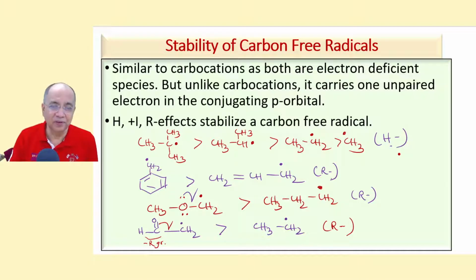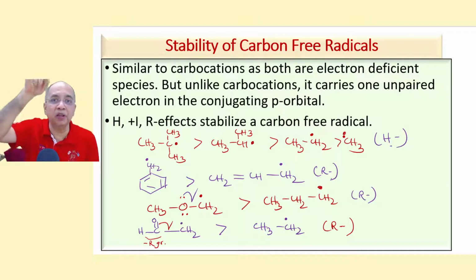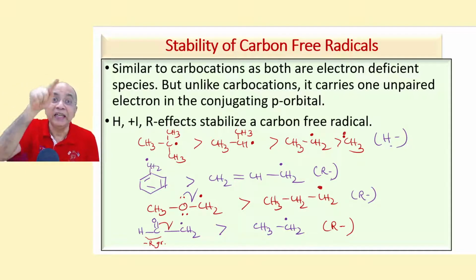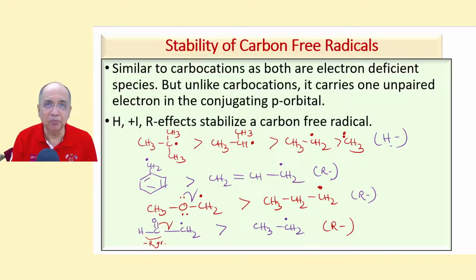The difference between the two is that the p orbital which will enter into conjugation or hyperconjugation carries an unpaired electron in a free radical, but it is empty in a carbocation. Otherwise, both are electron deficient and behave similarly, but radicals have some other features also. I will explain to you.